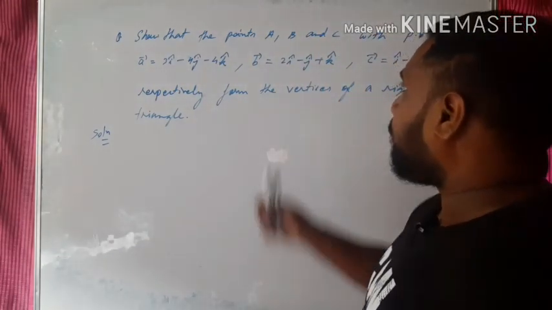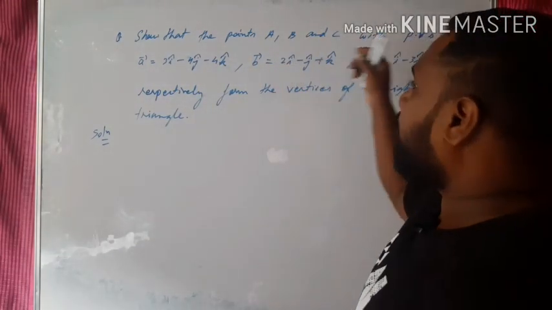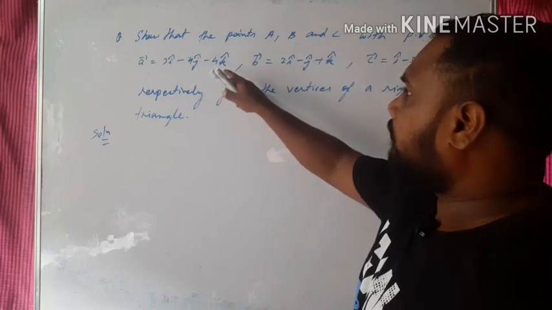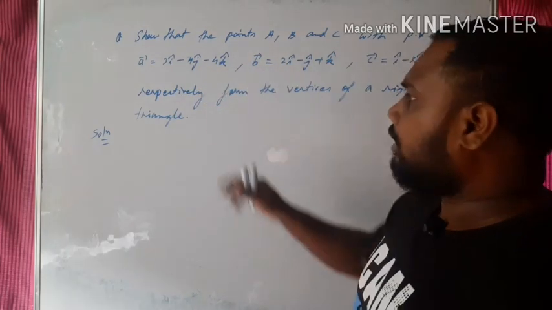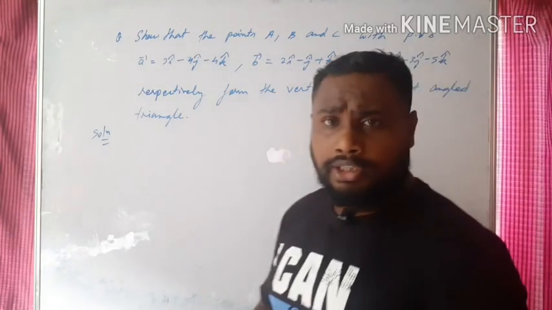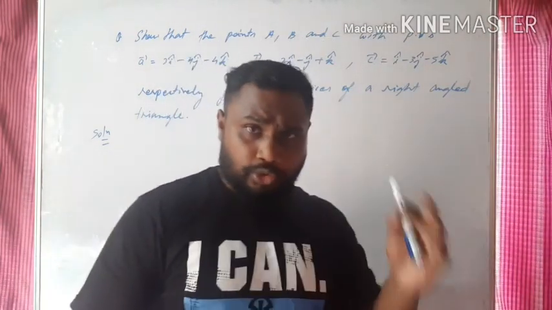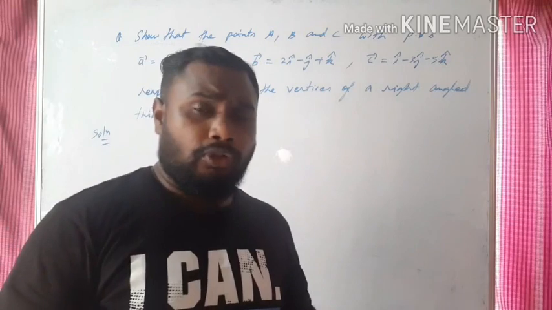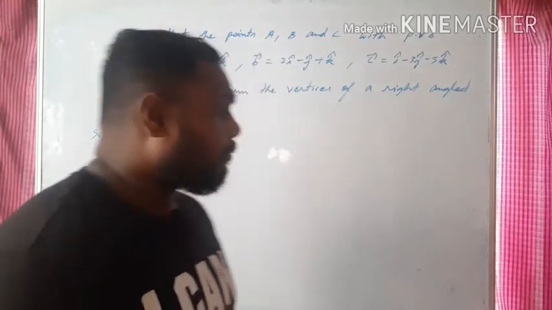Show that the points a, b, c with position vectors vector a, vector b and vector c respectively form the vertices of a right angled triangle. We want to prove that the position vectors of the points form the vertices of a right angled triangle. We will have to prove that.